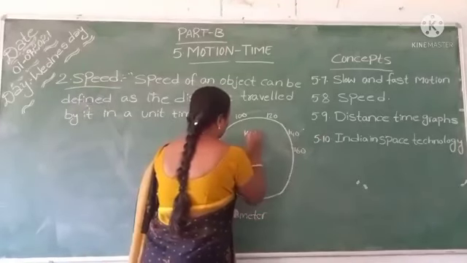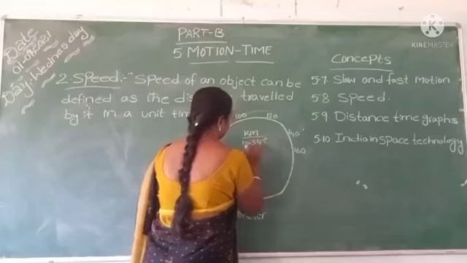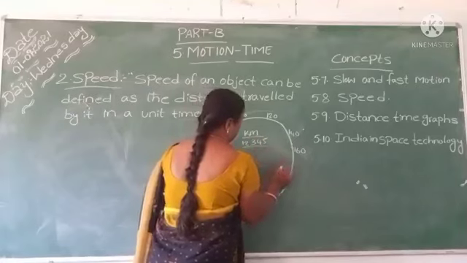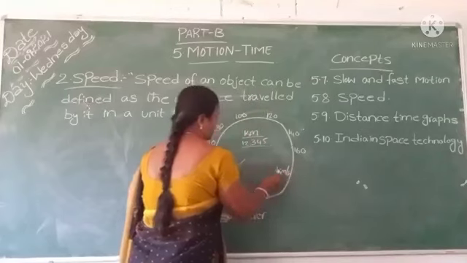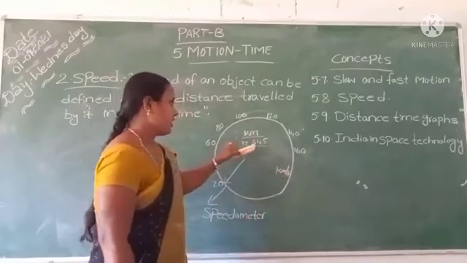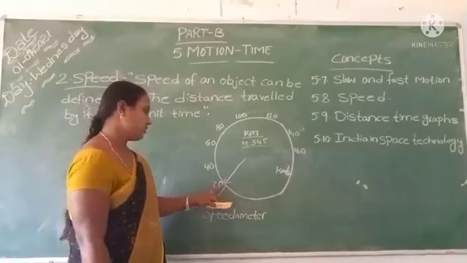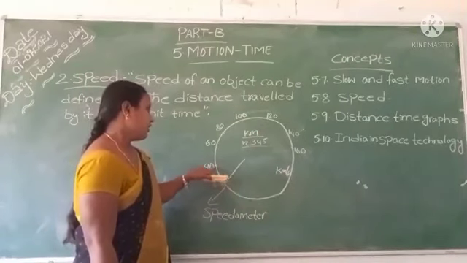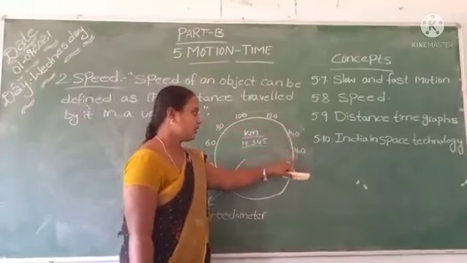Then here, kilometers. These are kilometers. Here, kilometer per hour. We can say how fast we are traveling. We are going by bike. How much speed? 20, 40, 60, 80, 100, 120, 140, 160.